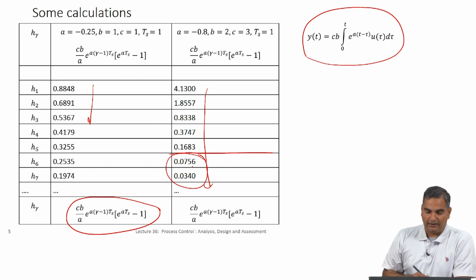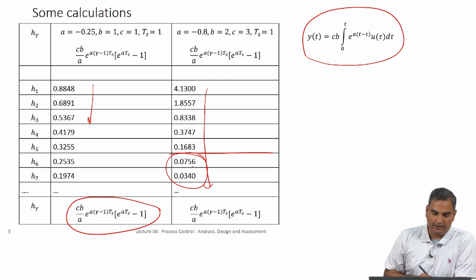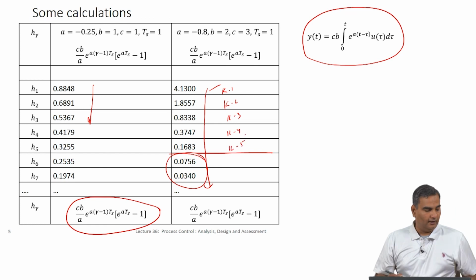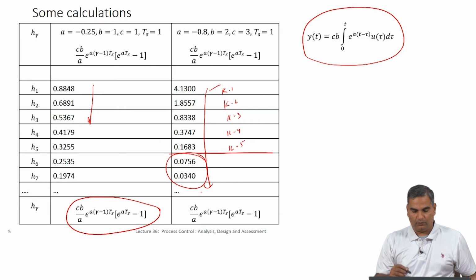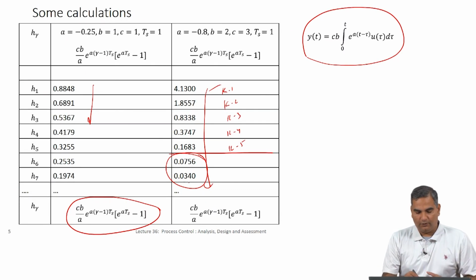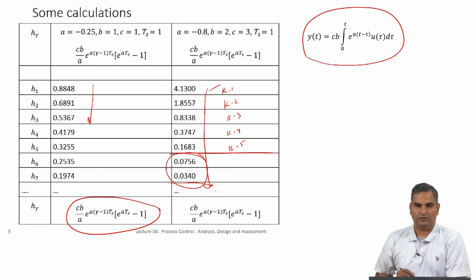If you do that, then what you are saying is the current output is being affected by the previous inputs, this is k minus 1, k minus 2, k minus 3, k minus 4 and k minus 5. So, I am going to only retain 1, 2, 3, 4, 5 terms here. Now, if you say no, I want to be more accurate, I want to come till here, you will retain 7 terms and so on.